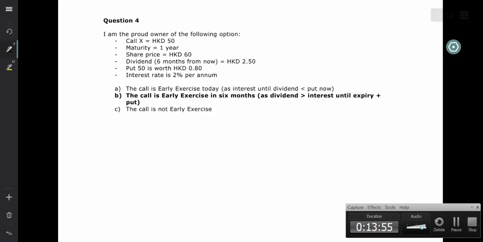First of all, before you even dive into these exercises, you have to take a step back and ask yourself, what is it that we are trying to do here?